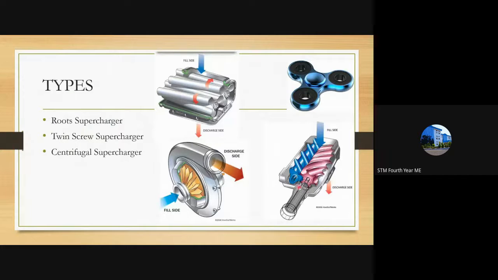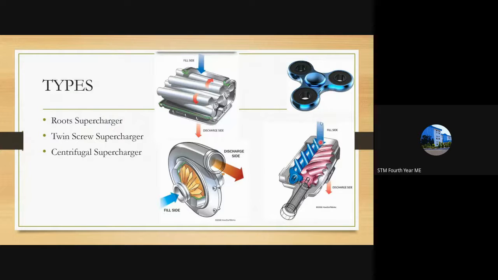So this is a twin screw supercharger. It is in the shape of a screw, a helical screw. You can see it like this, and it is coupled to the shaft here. So one rotation of this shaft will facilitate the rotation of this screw itself due to the engagement or the meshing of these two screws. So if this screw rotates, this also rotates. Okay, so the air is sucked from this way.